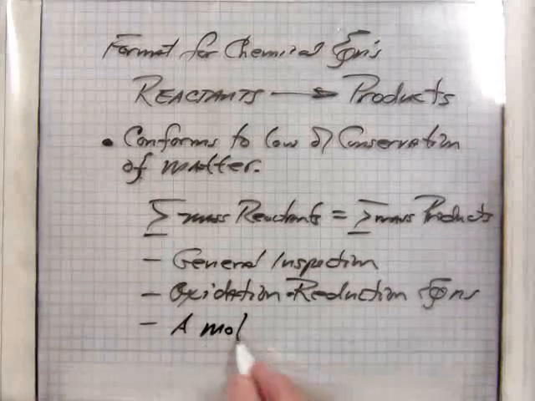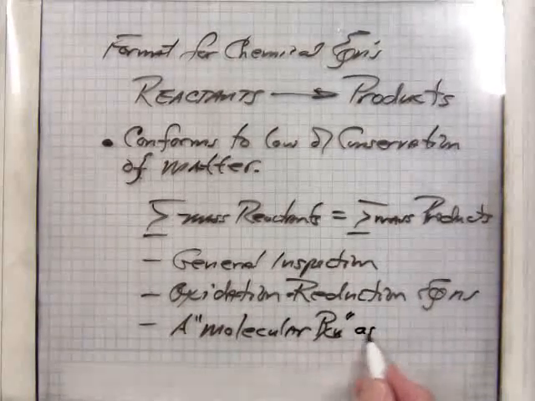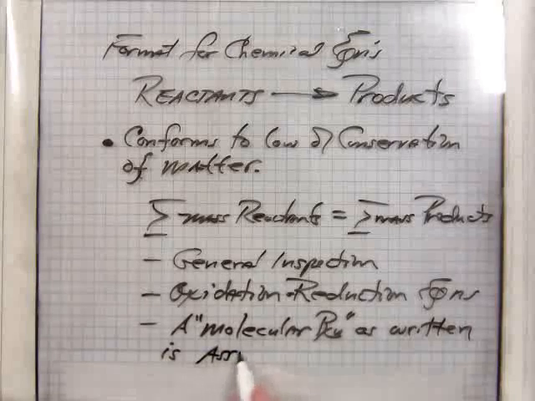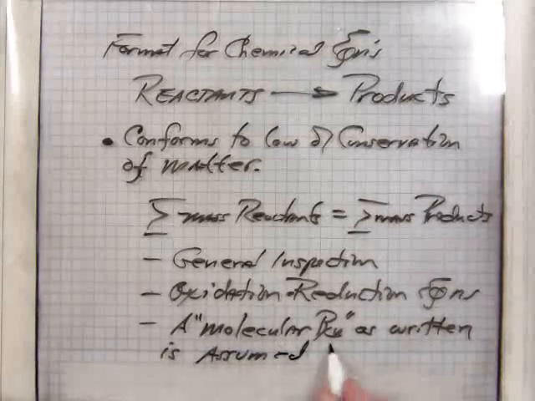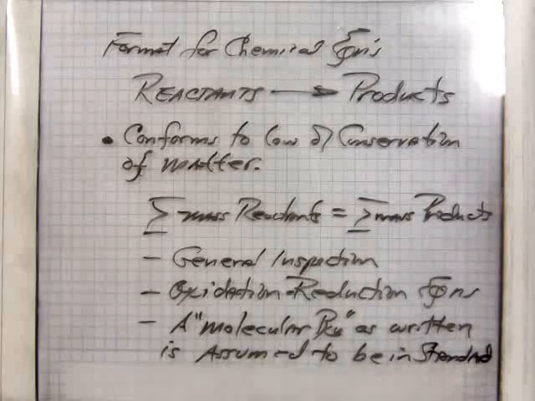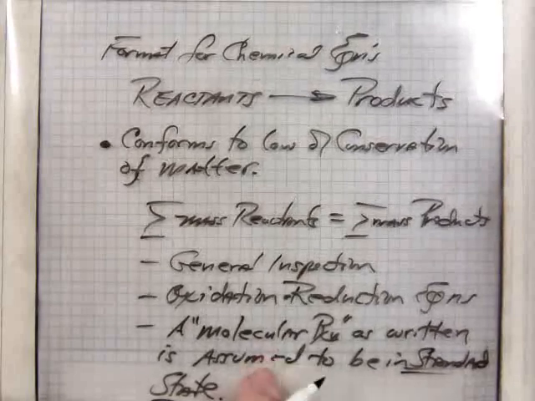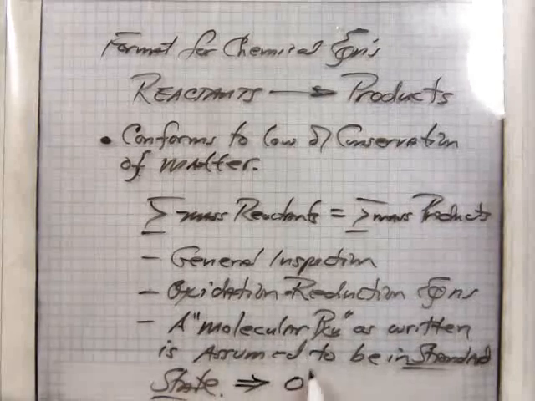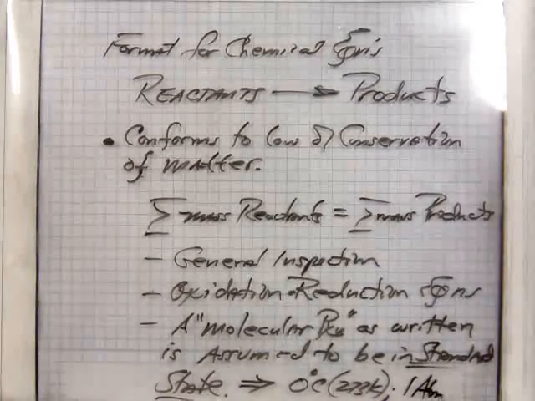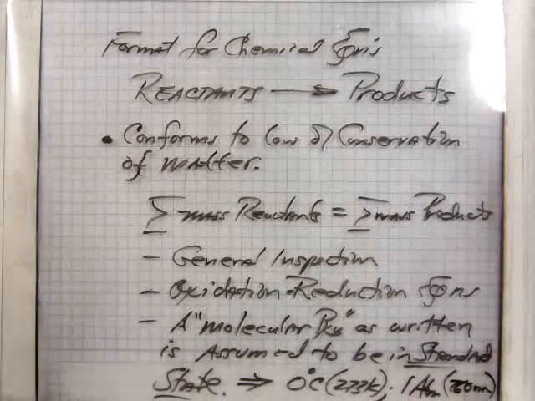A molecular reaction, let's put it that way, we'll emphasize. 0 degrees Celsius or 273 Kelvin and 1 atmosphere pressure or 760 millimeters of mercury. We'll emphasize those when we get to gas laws in more detail.